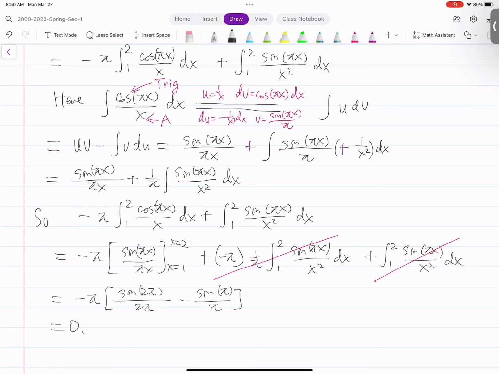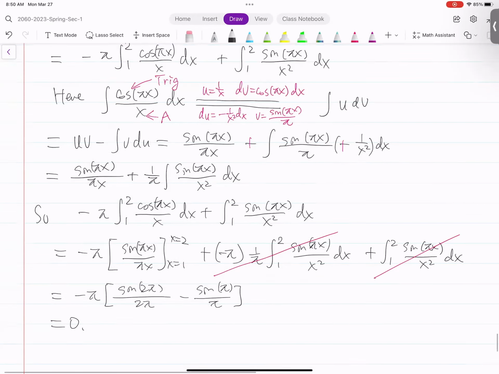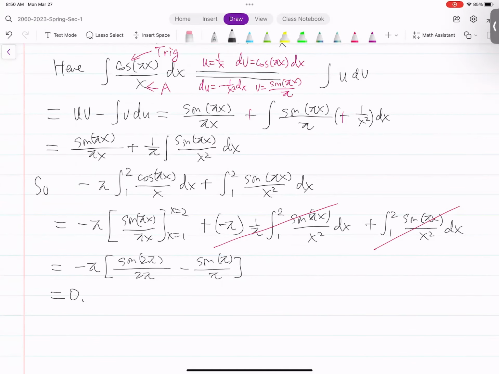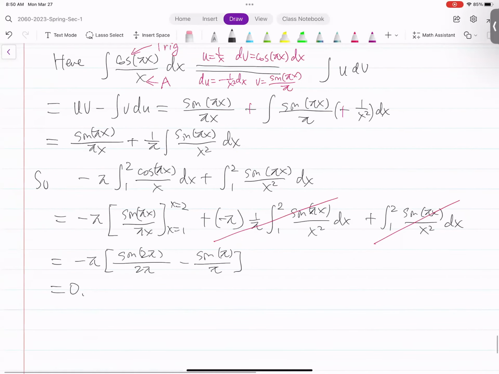So from this example, you see that eventually you will get the same answer, because once again, the function that you're integrating is continuous. But the different methods are definitely different in level of difficulty. Solution one is apparently easier than solution two.